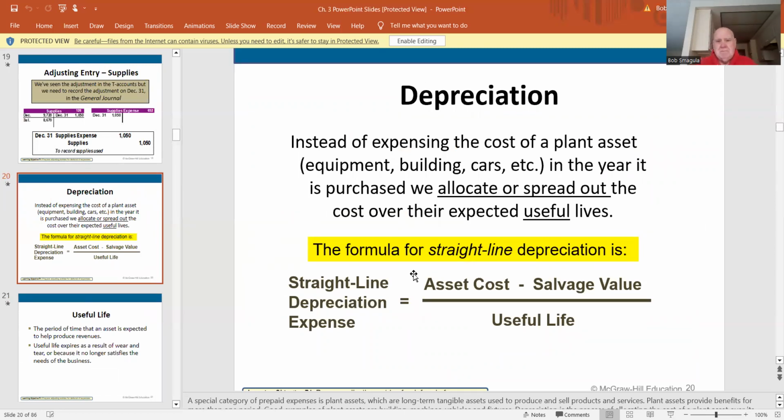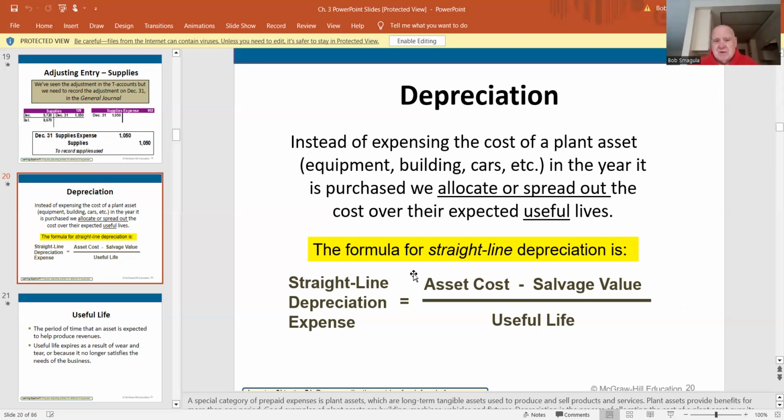Depreciation. When you buy a truck, a car, a big piece of machinery that's going to last you many years, when you buy a building, those are all called fixed assets. They're going to go on your balance sheet in that category, fixed asset. It means an asset that has many years of useful life over which you can depreciate the asset.